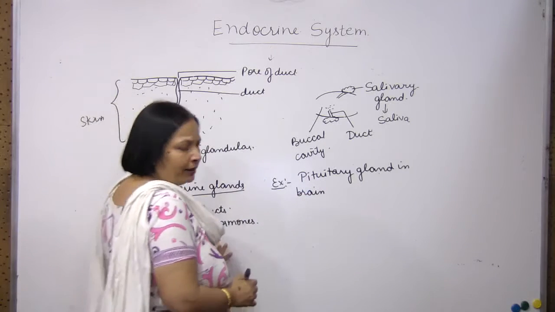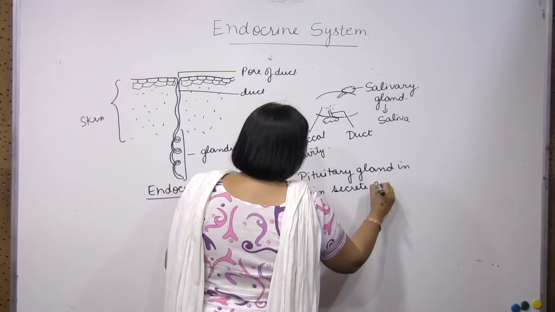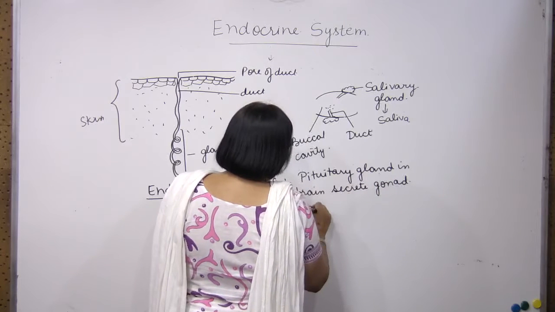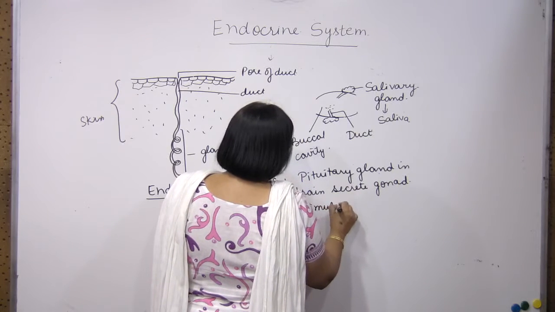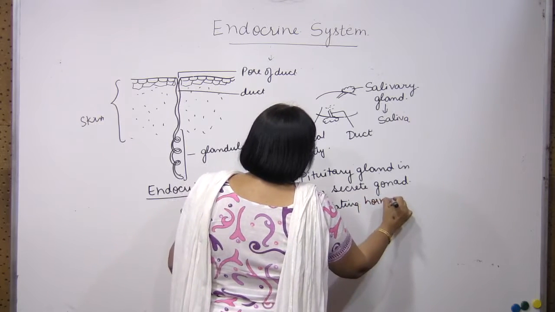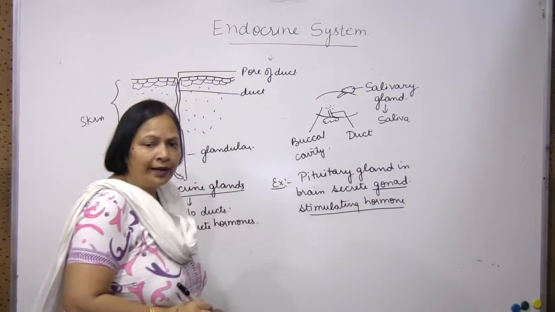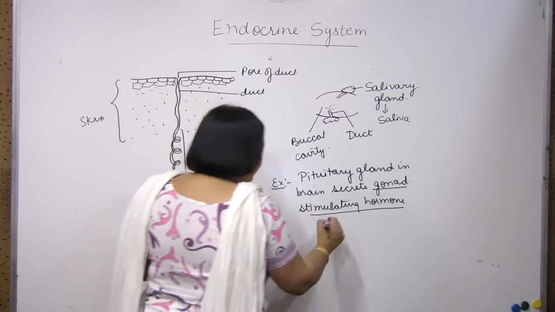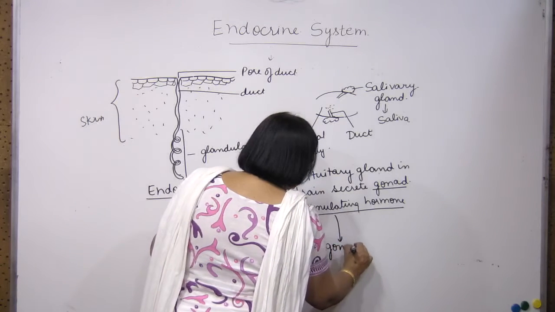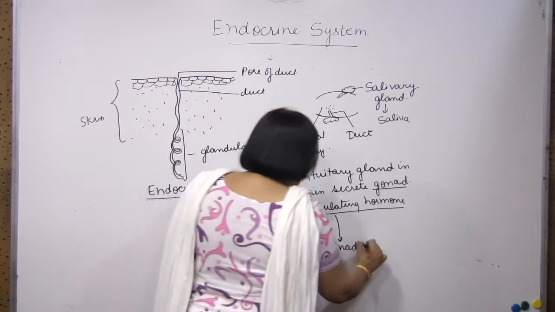Pituitary gland in brain secretes gonadotrophic hormones or gonad stimulating hormones. This gonad stimulating hormone acts on the gonads in the pelvic cavity.